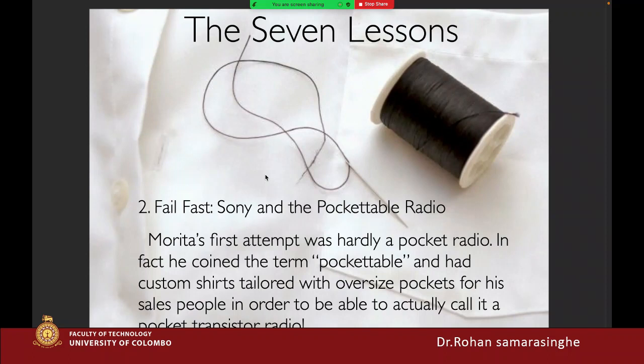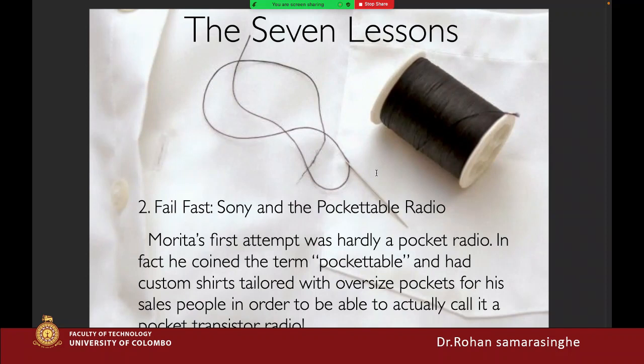Actually, Morita's first attempt was not the tape recorder; it was a pocket radio that he introduced first. In fact, he coined the term pocket radio, and had custom shirts made with oversized pockets. This pocket radio was a little bit larger than the pockets in a shirt, so he had to fit a separate pocket larger than the standard size.